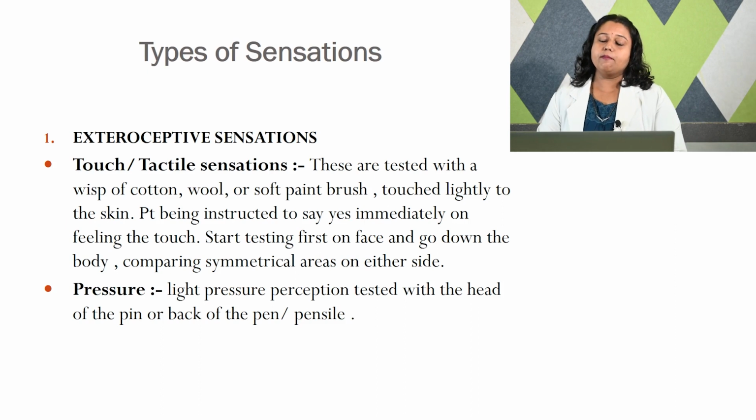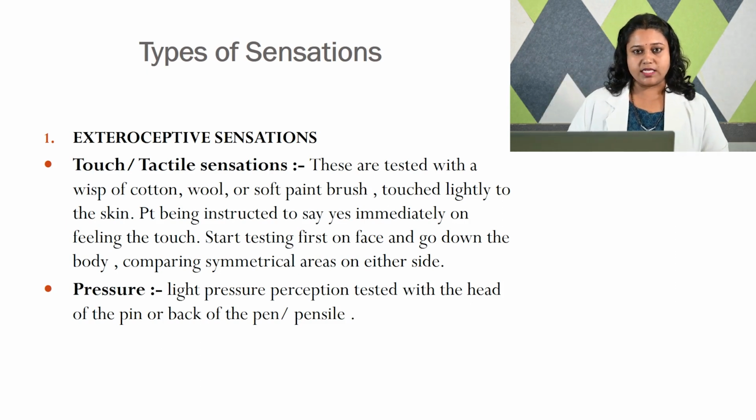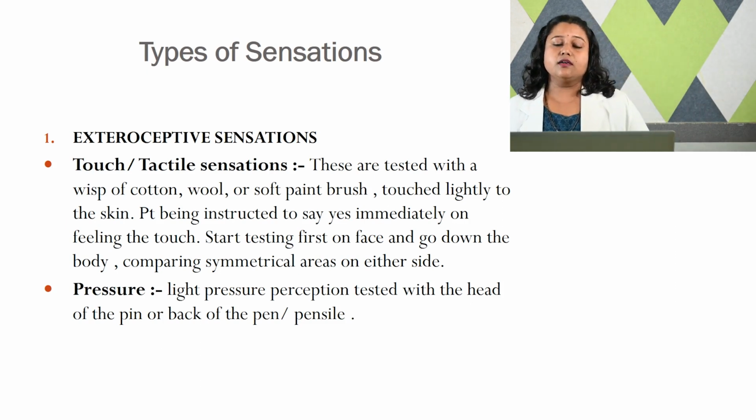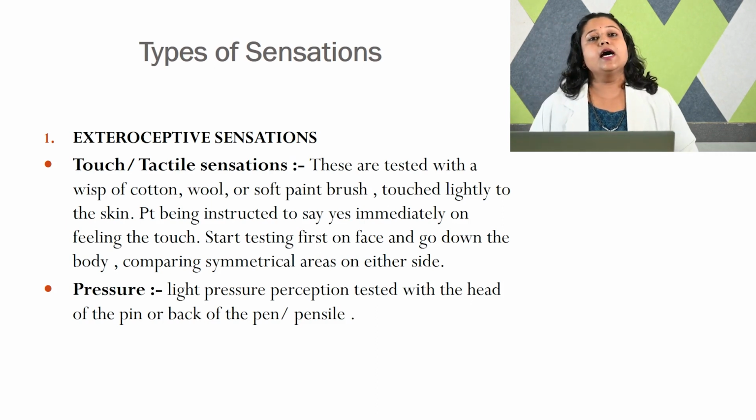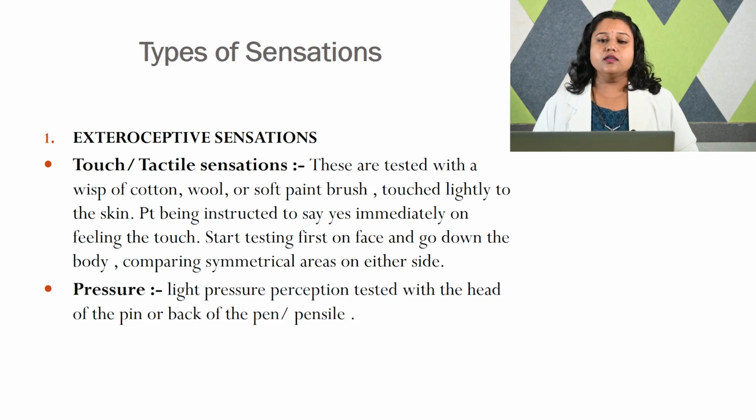Now there are three main types of sensations. Basically we call the first superficial sensations, or exteroceptive sensations. What is included in that? One is touch sensations, or tactile sensations.